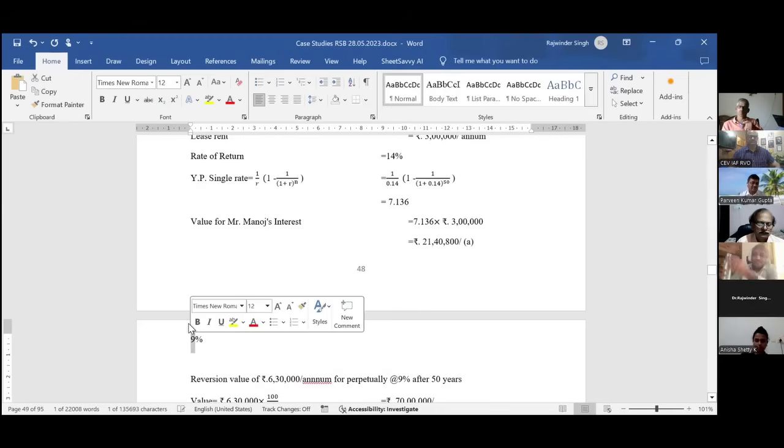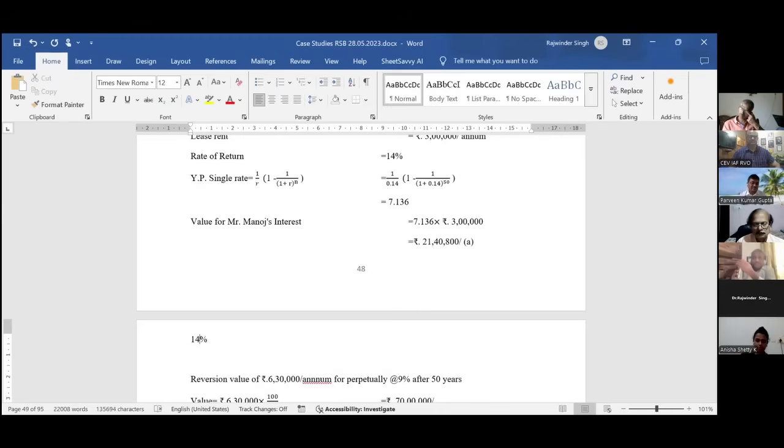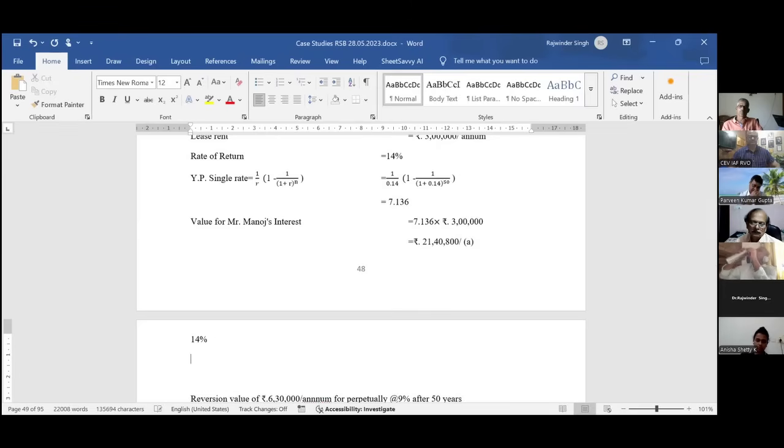But let us suppose the rate of interest is 14%. Then what? See here, you have 95 lakh with you.